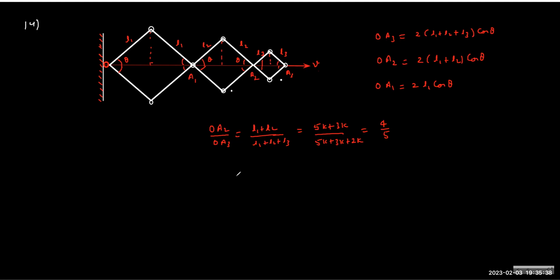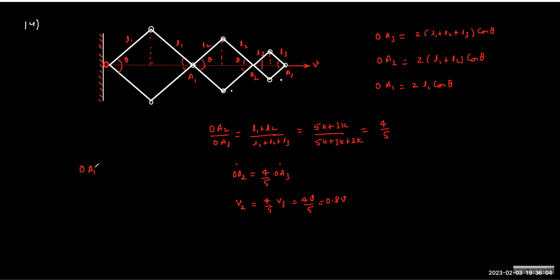Correct? So what is OA2? OA2 is always 4/5 of OA3. So if I differentiate with time, this is V2, which equals 4 by 5 V3, which is given to us as V, right? So the answer will be in the same ratio. You can also find OA1.